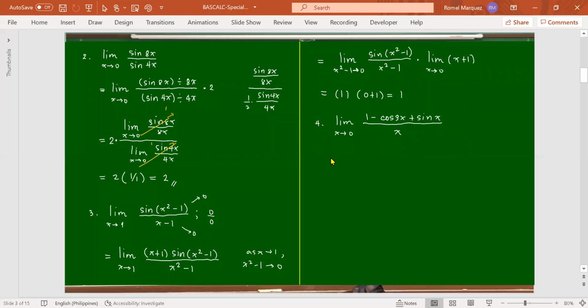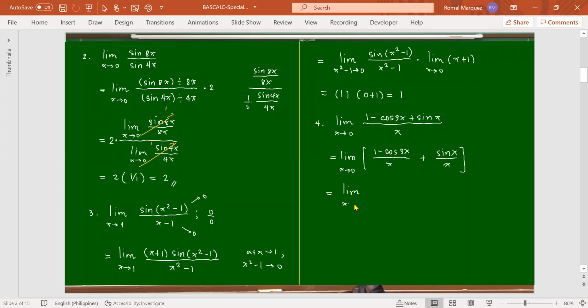So, here, we're going to split this into what? Into sum, no? So, split nyo yan sa sum sa loob. Pero hindi nyo pa pwedeng hiwalayan for the meantime, because we don't know yet if both will exist, no? This limit ng bawat term. Okay, guys? Last, sine x over x. Okay? Ito, okay na yung limit niyan. Yung limit ng first term.